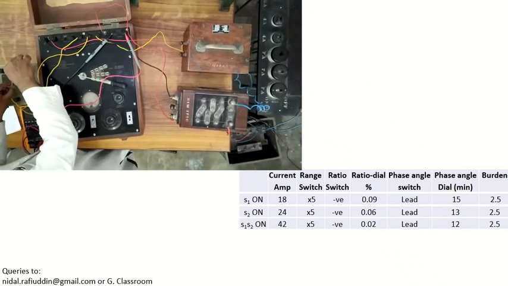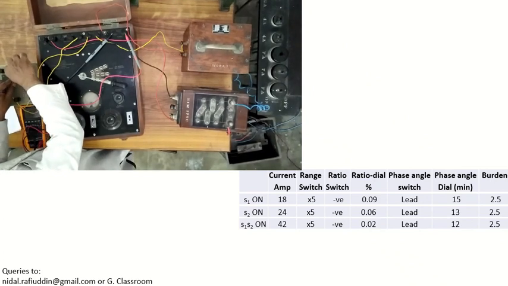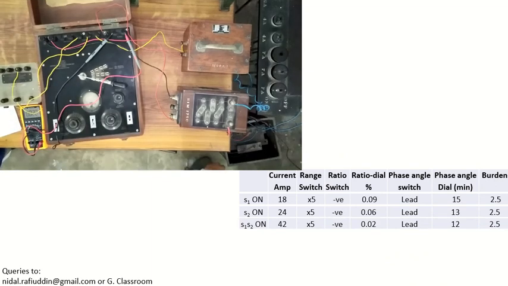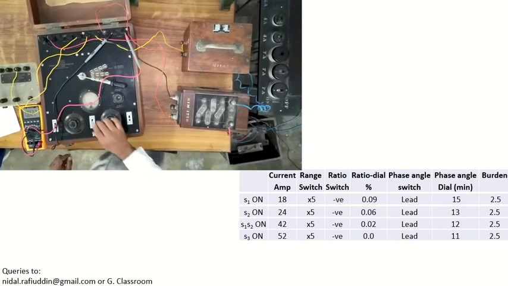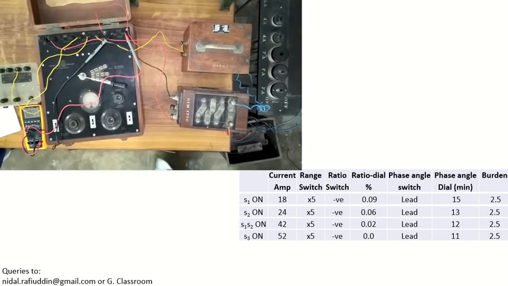Third set of readings where S1 and S2 switches are on. Now following this is the fourth set of readings. Now S1 and S2 are kept off while S3 is turned on, and the corresponding observations are noted down.